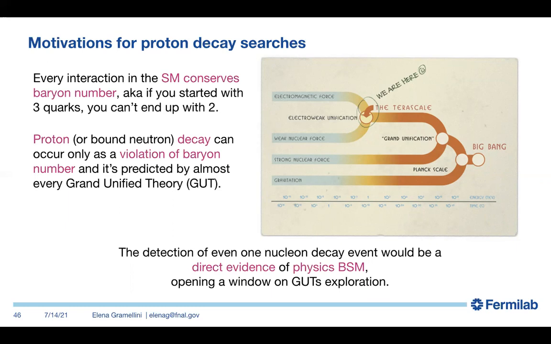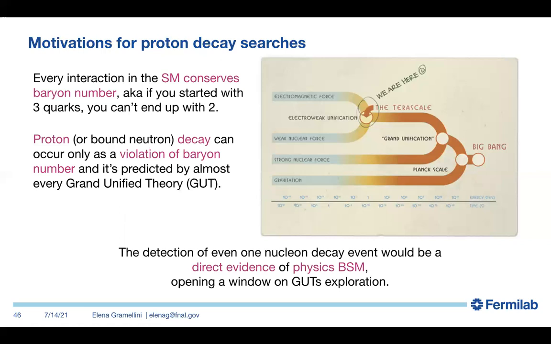But this conservation is somewhat accidental. Quantities in the Standard Model are conserved if there is an underlying symmetry, according to Noether's theorem. But there's not really a symmetry that concerns baryon number.